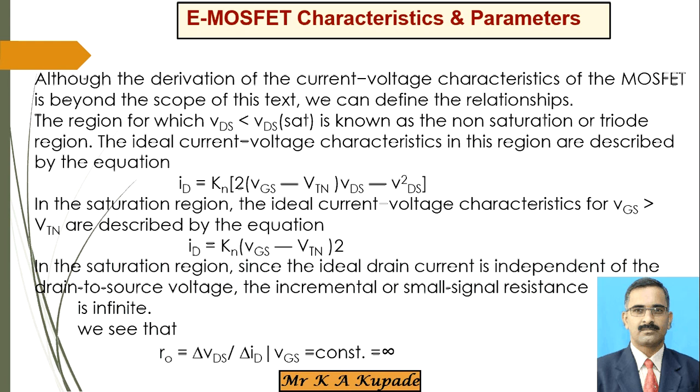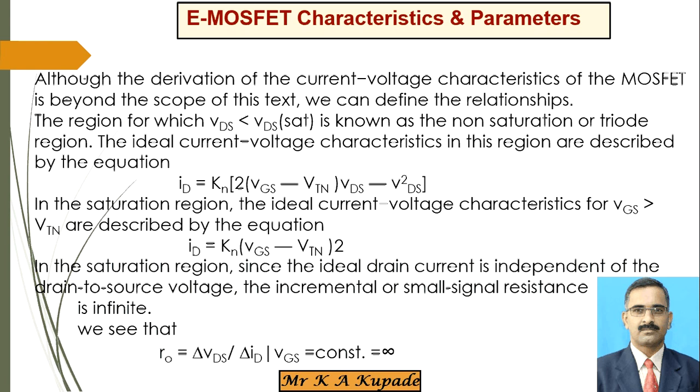That is called the triode region. The ideal current voltage characteristics in these regions are described by the equation: ID is equal to Kn times [2(VGS minus VTN) VDS minus VDS square].